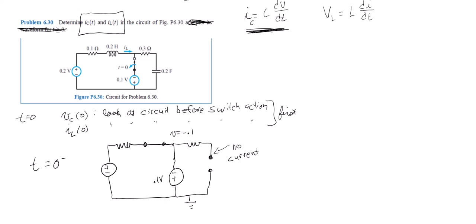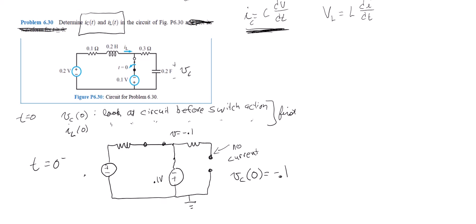And so if I am calling my voltage across the capacitor, if I'm saying that the top is plus and the bottom is minus, then I would say that VC of 0 has to be negative 0.1, because it's in parallel with this voltage source, and so it has to have the same voltage.